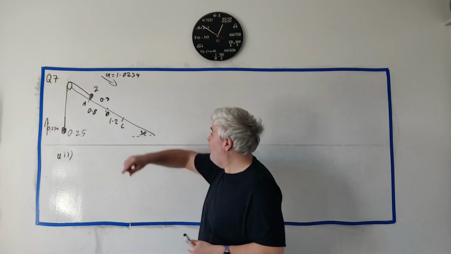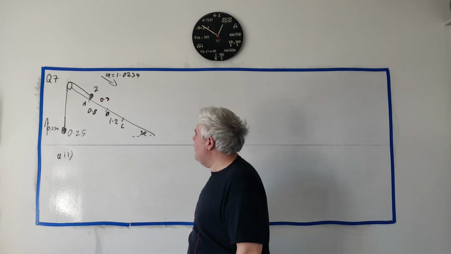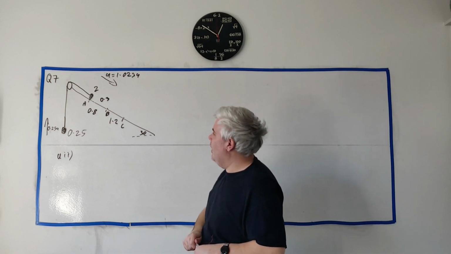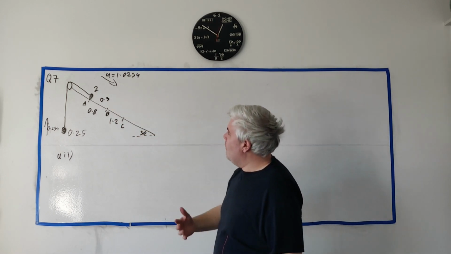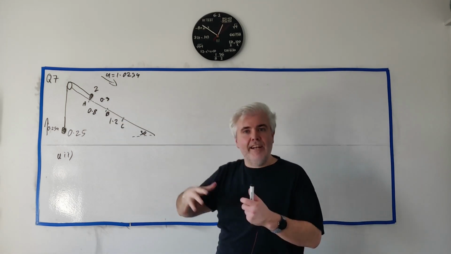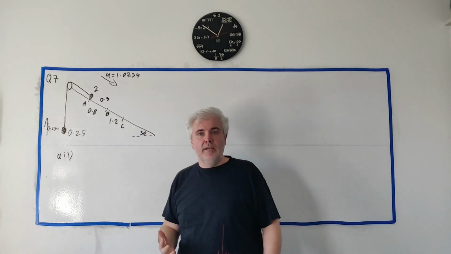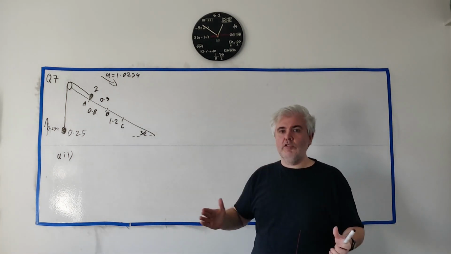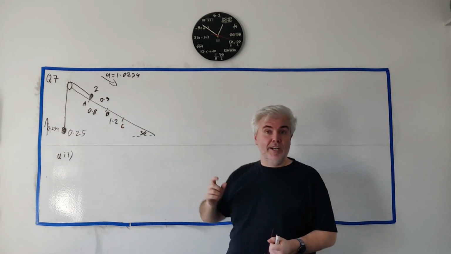They would have asked find A between A and B. They did that. Then usually they would ask something like find A between B and C, or they would say find the speed at point B, and then finally find the speed at point C. They've left out all those middle parts. They've just asked you to find the speed at point C.